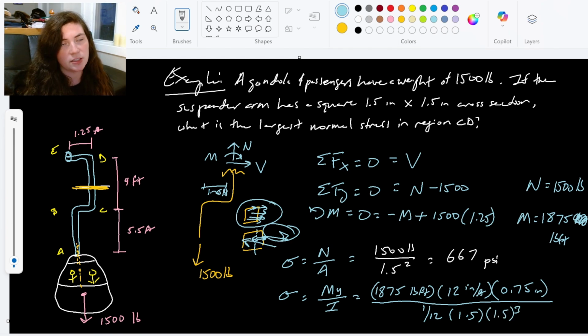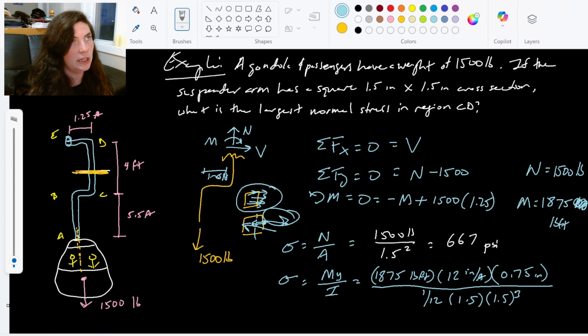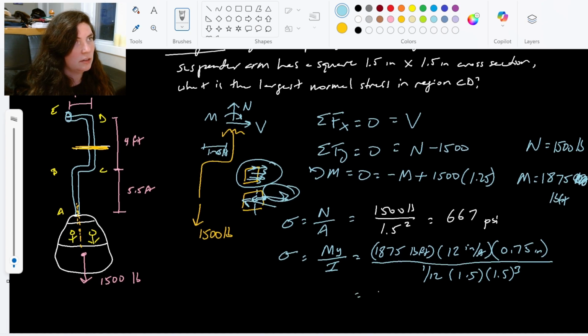You can write it either way, it's gonna all come out in the wash. So I'm going to plug all of that into my calculator, and it gives me 40,000 pounds per square inch. I got everything in inches, everything in pounds per square inch.